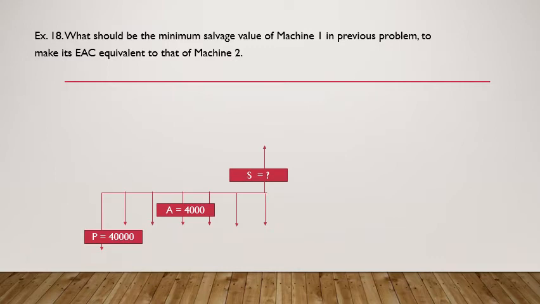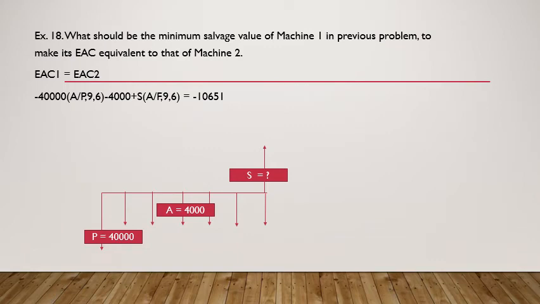So what is the condition here? You have 4,000 as the annual cost, 40,000 as the initial purchase price, and what must be the minimum salvage value so that EAC 1 is equal to EAC 2. That is the condition to be satisfied. Apply that condition.